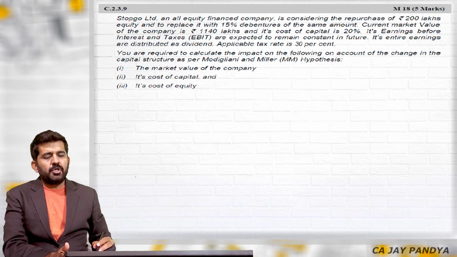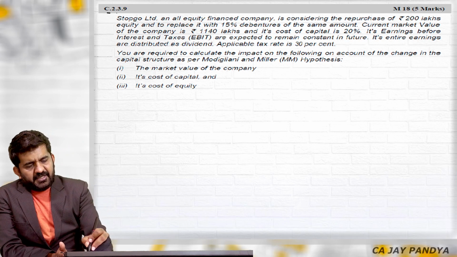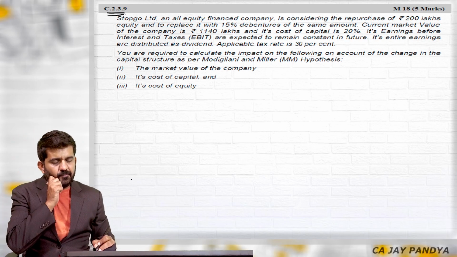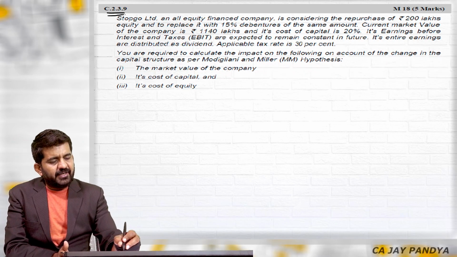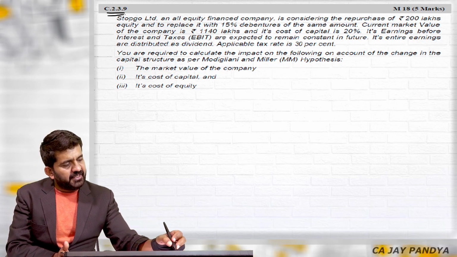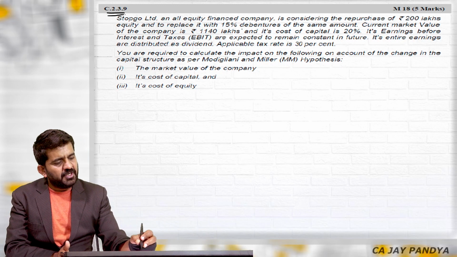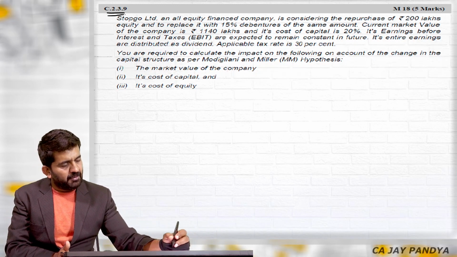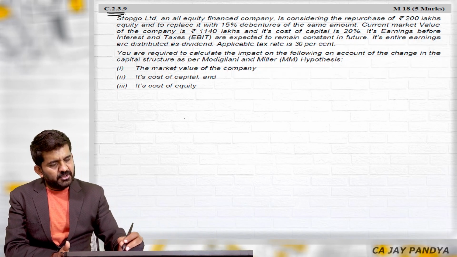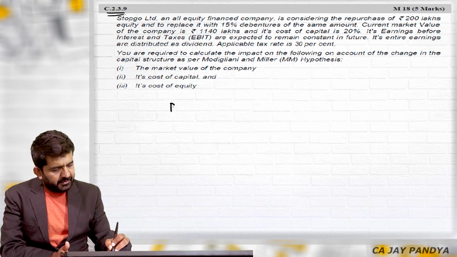Let us try to solve one question, which is Modigliani Miller, and now it will be extremely simple. Stopco Limited, an all equity finance company, is considering to repurchase 200 lakhs equity and replace it with 15% debentures of the same amount. So currently Stopco Limited, this is the present situation.